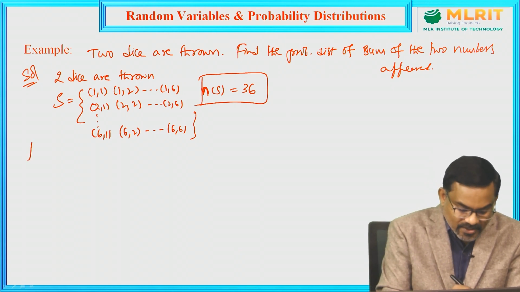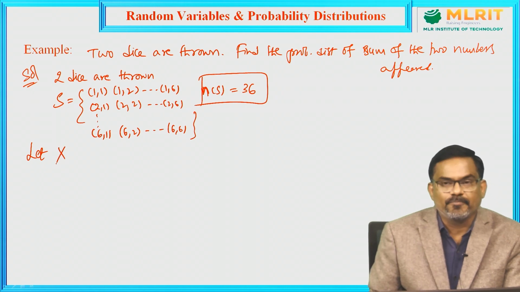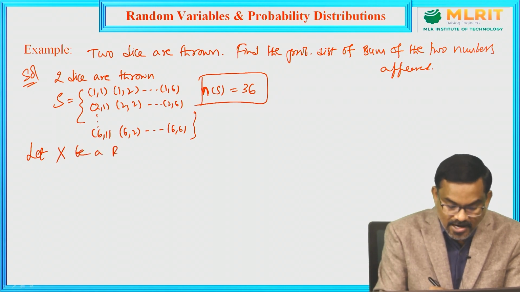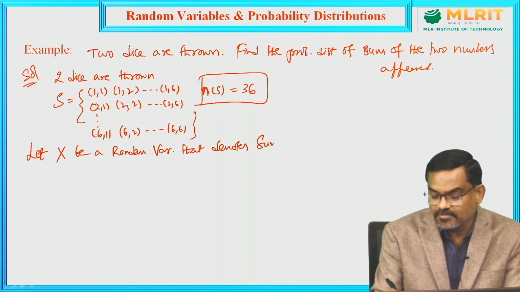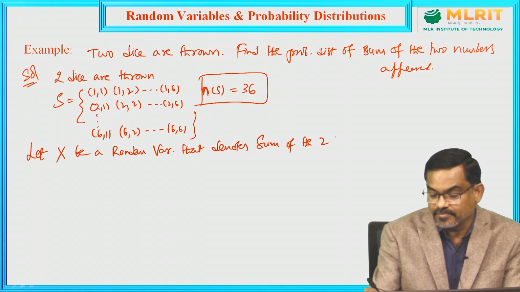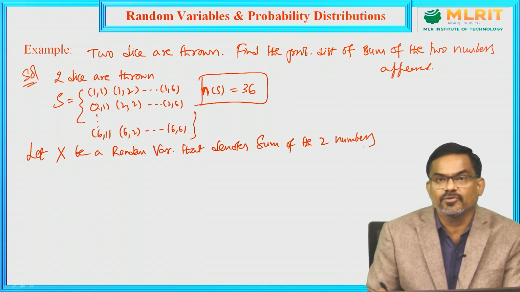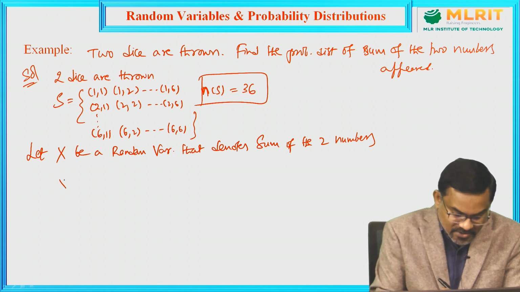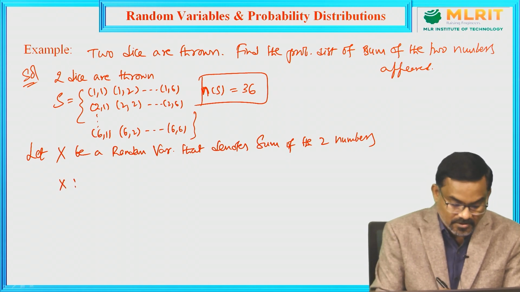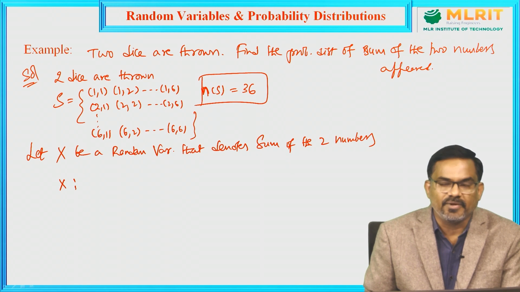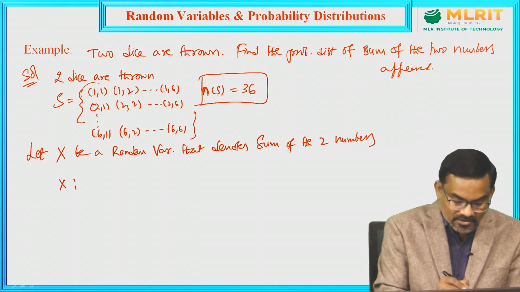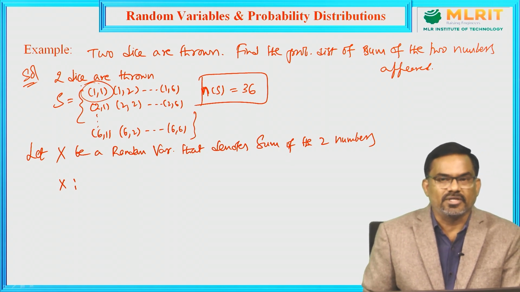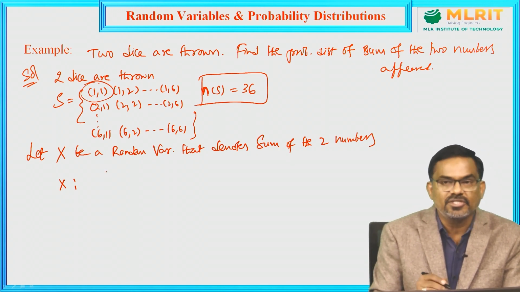Now, first we need to define capital X. Let capital X be a random variable that denotes the sum of the 2 numbers appeared. First, we need to identify the possibilities for this sum so that we can write the values of X. Here 1 comma 1 is one of the outcomes, and the sum of these 2 values is 2.